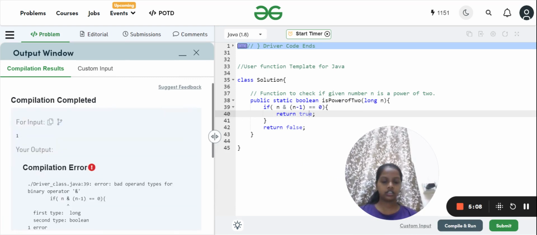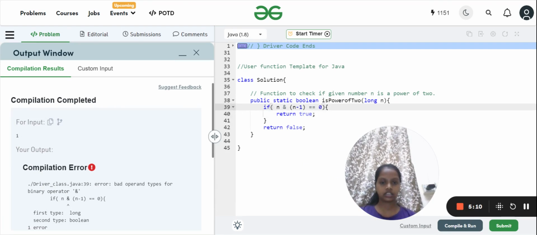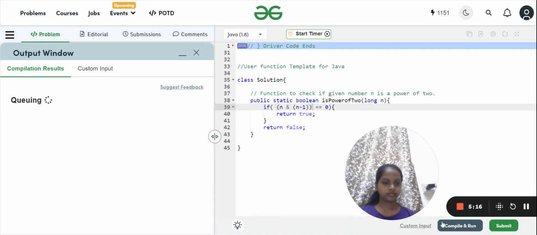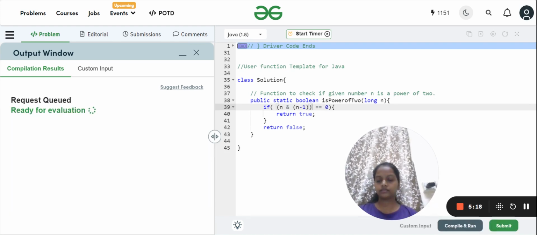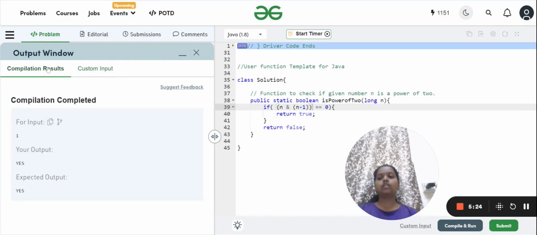Okay, so here I made one mistake. I have to use the brackets. Yeah, you can see, yes. So here the input is 1. Input 1 is 2 power 0, which is 1, right? So it is also a power of 2.